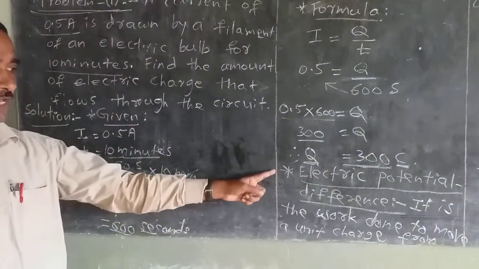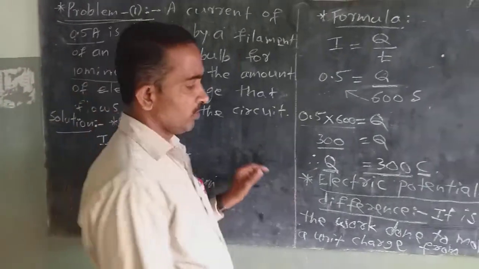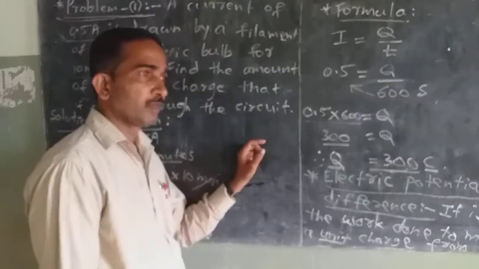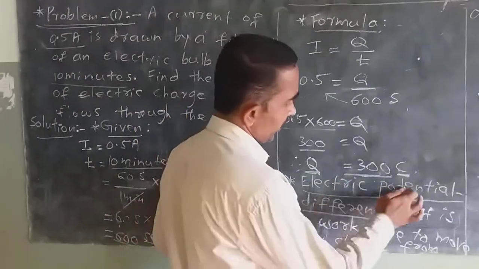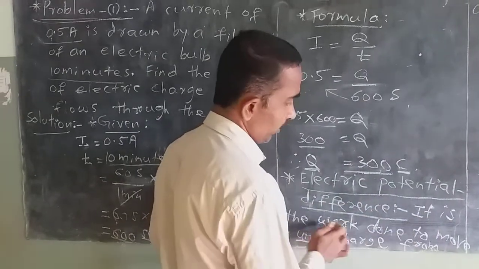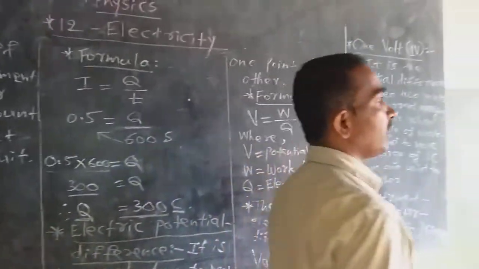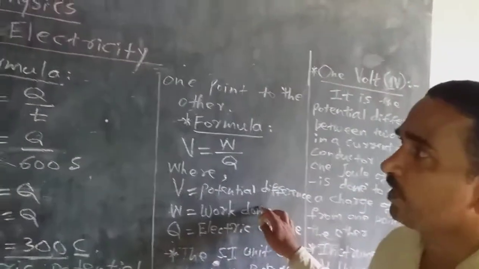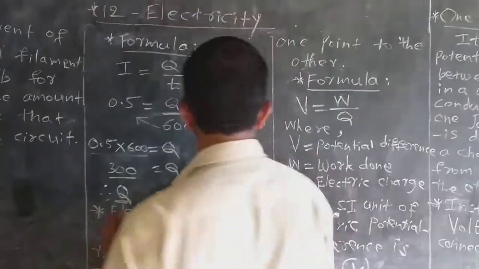Next one, electric potential difference. It is the work done to move a unit charge. Unit charge means specific number of charge, 1 coulomb or any specific number. Electric potential difference means it is the work done to move a unit charge from one point to the other. To move electric charge from one point to the other in a conductor or circuit, work is needed.